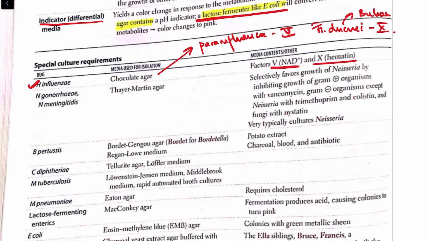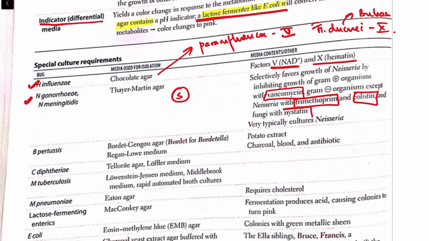Then Neisseria in Thayer-Martin media, it selectively favors growth of Neisseria. We read it is a selective media. Okay, because it inhibits the growth of gram-positive organism due to the presence of vancomycin, and gram-negative organism except Neisseria due to the presence of trimethoprim and colistin. Okay, and what is the third thing?